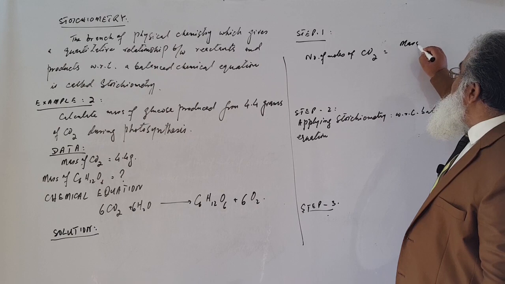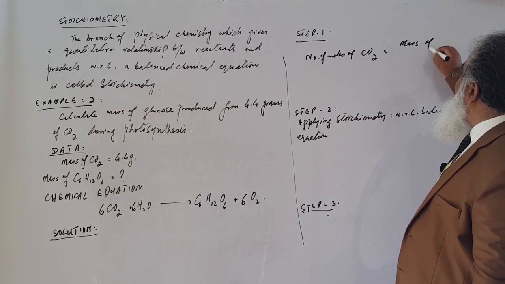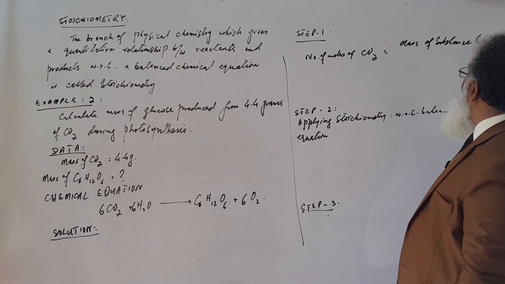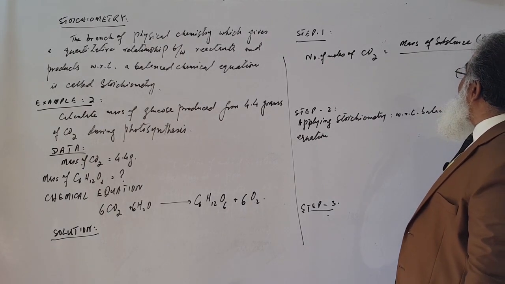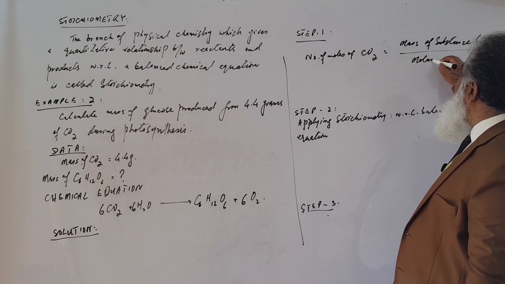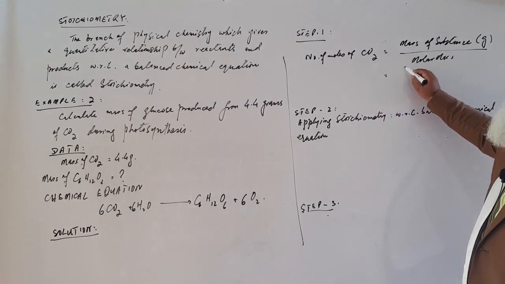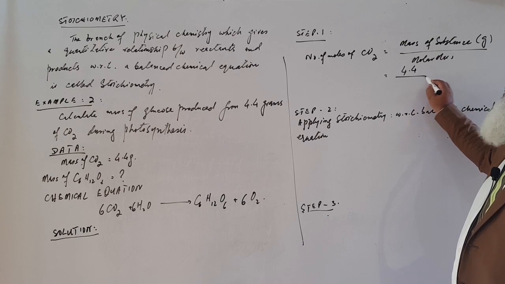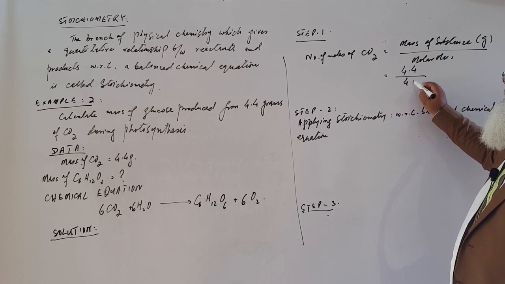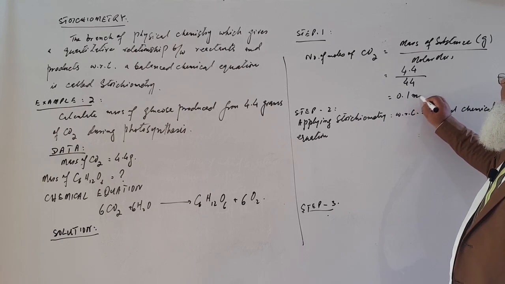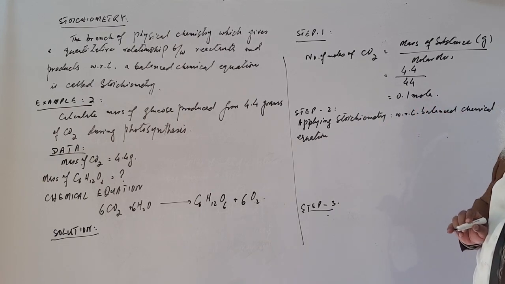The formula used is mass of substance in grams divided by molar mass. The mass of substance is 4.4, the molar mass of carbon dioxide is 44, hence our answer comes 0.1 mole.